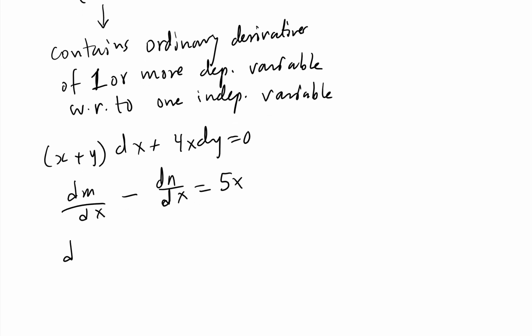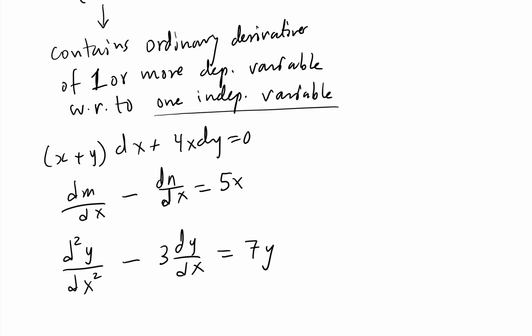Or even a second degree one: d squared y/dx squared minus 3 dy/dx equals 7y. That's another differential equation. All of them are with respect to only one independent variable. And as you can see, you can have more than one dependent variable. Here we had m and n, but here we had only one dependent variable y and only one x.